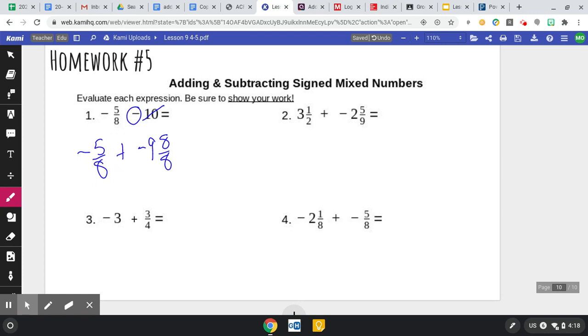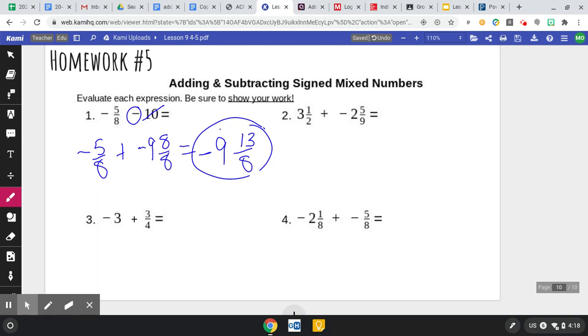Okay, all right. So now you're just adding. So you get 13/8. And then, because they're same signs, I had to keep nothing plus 9 is still a negative. But now you have an improper fraction. Okay.